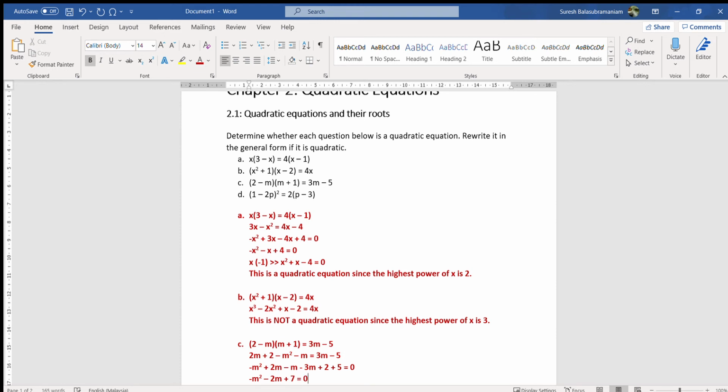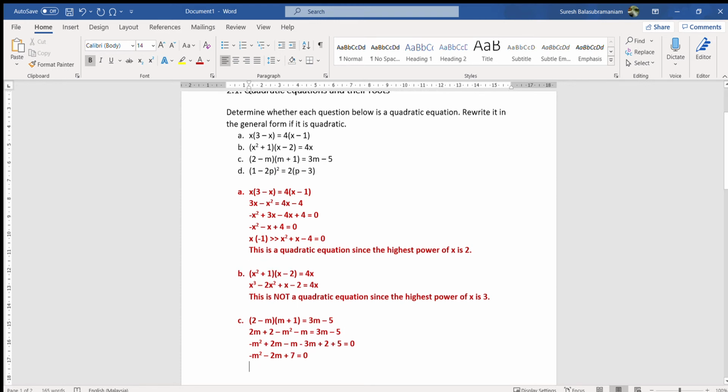So equals 0. I want to eliminate the negative sign in front of m square, so I'll multiply all the terms with negative 1. So I'll get m square plus 2m minus 7 equals to 0.